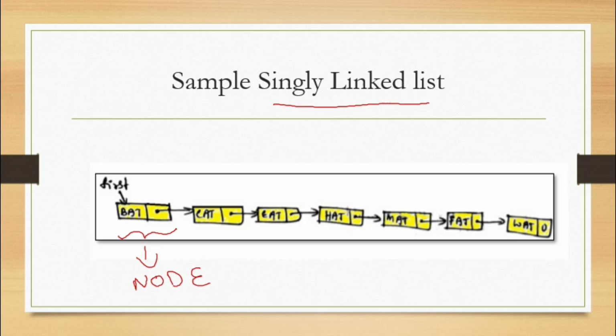Every linked list will have a pointer of type node which tells where it starts. Here we have given the name as first. Sometimes we also give the name as beginning. This pointer tells where the linked list starts.